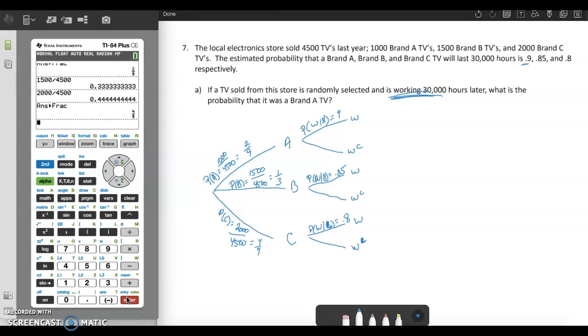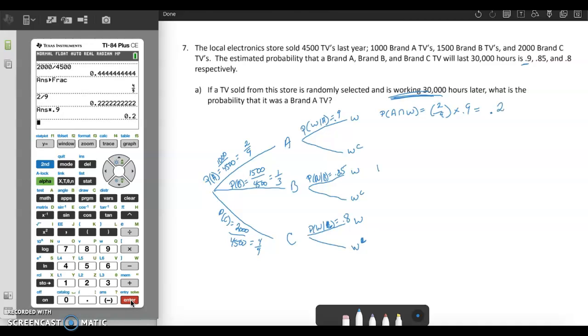So I'm going to find my intersections. The probability that it's an A TV and it's working is 2/9 times 0.9, which is 0.2. The probability that it's a B television and working is 1/3 times 0.85.